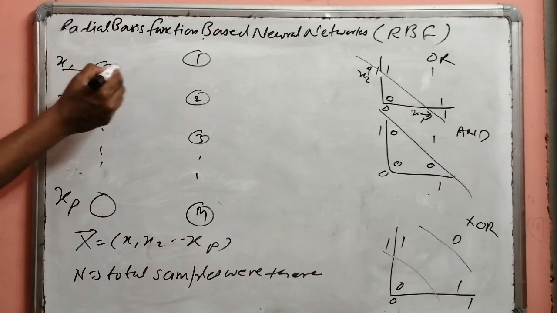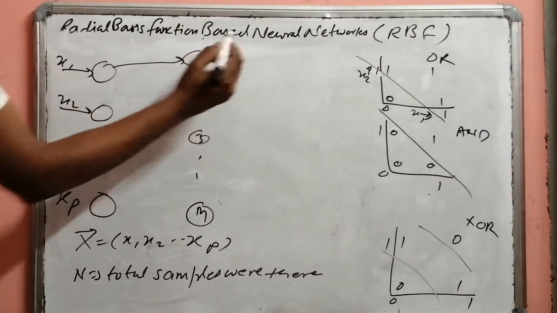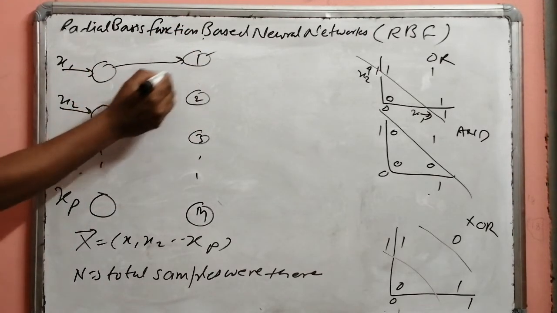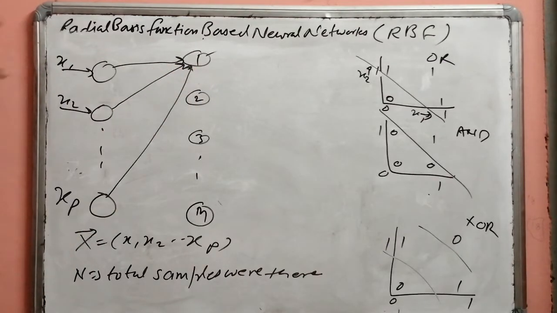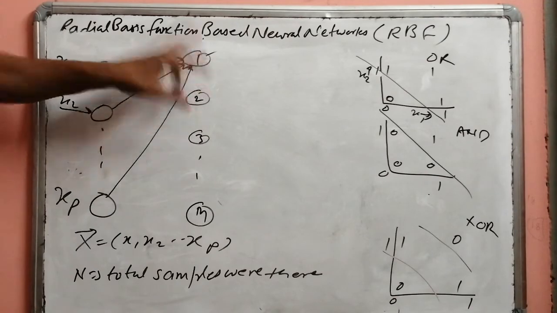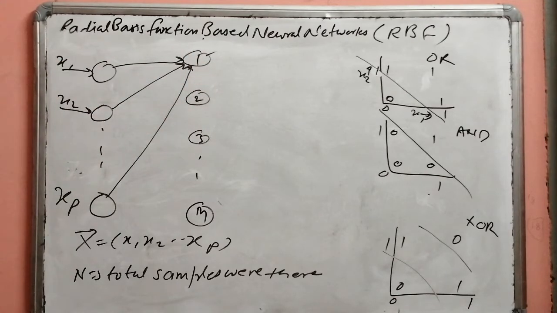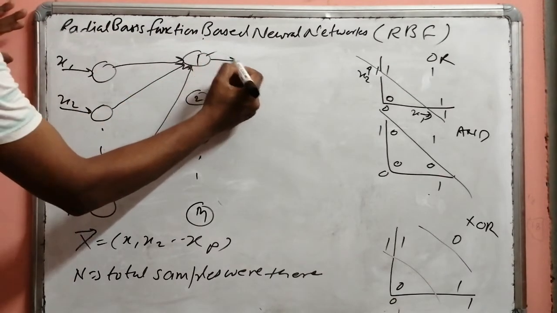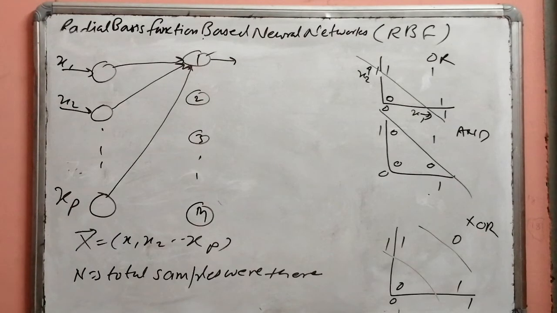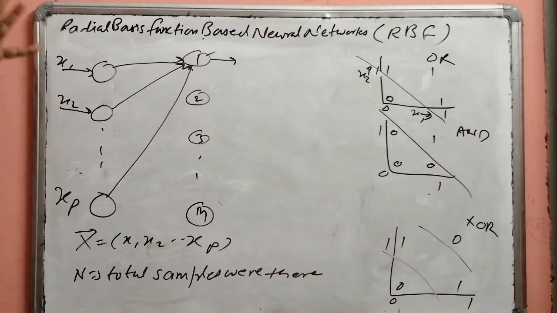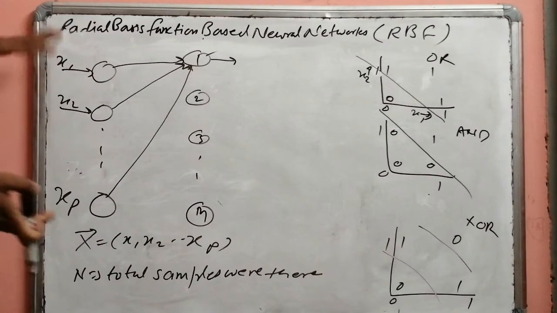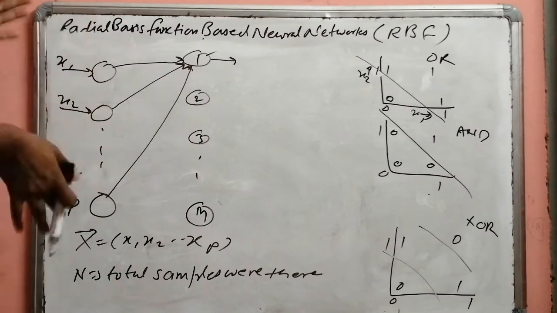Each of these hidden layer neurons will be getting your input pattern, meaning all the p features will be going to neuron number 1, and its overall aim will be to map these p features into the higher dimensional space, or you can say it will generate a new feature by considering all these p features.